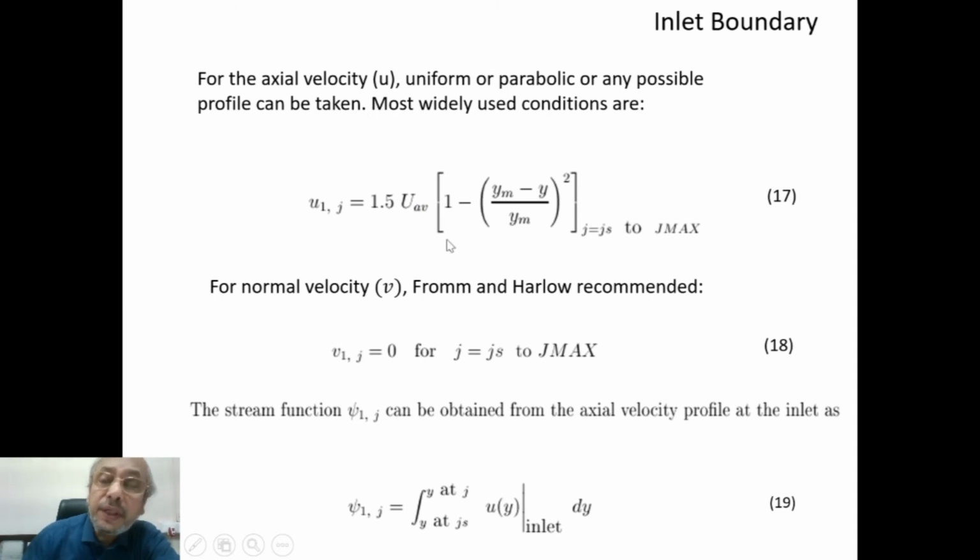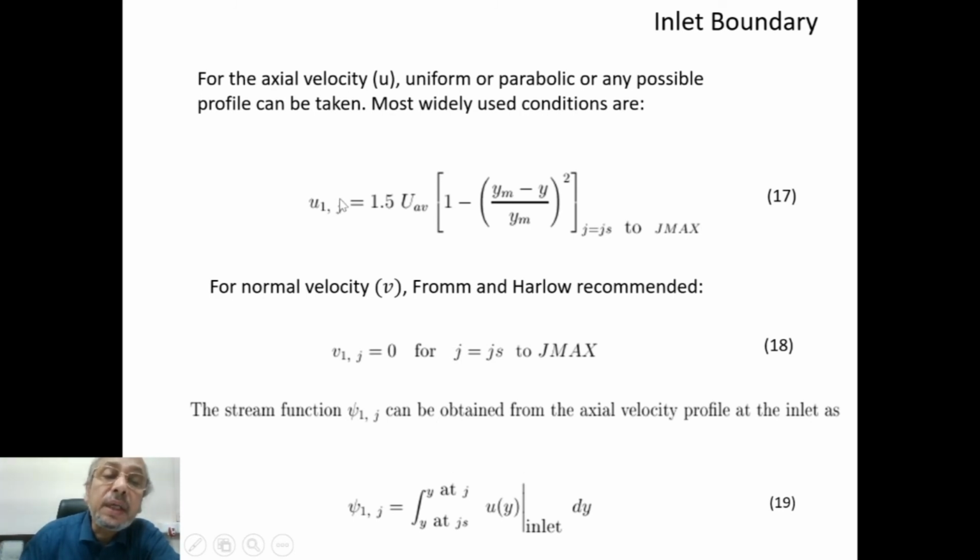U equal to u∞ is very easy. Instead, if it is a parabolic profile, you can see we have written I equal to 1, that means at the first column of grid points, j will vary from j minimum to j maximum.